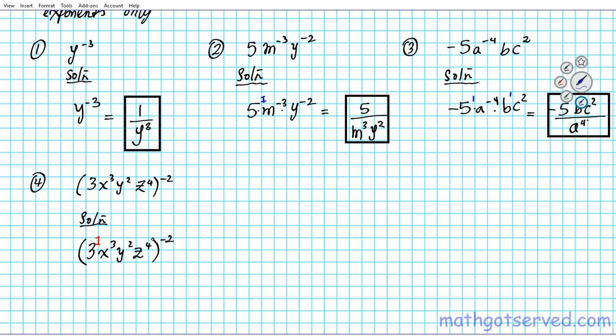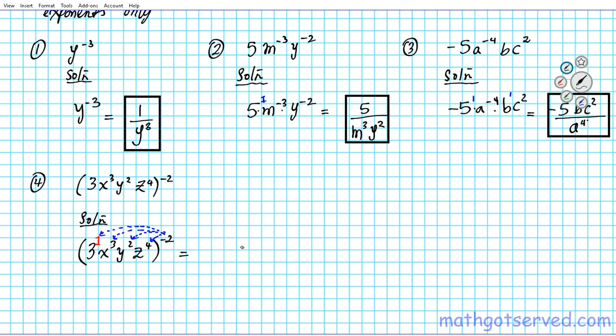So we're going to have negative 2 times positive 1, negative 2 times positive 3, negative 2 times positive 2, and then negative 2 times positive 4. This is known as the power of a product property of exponents.